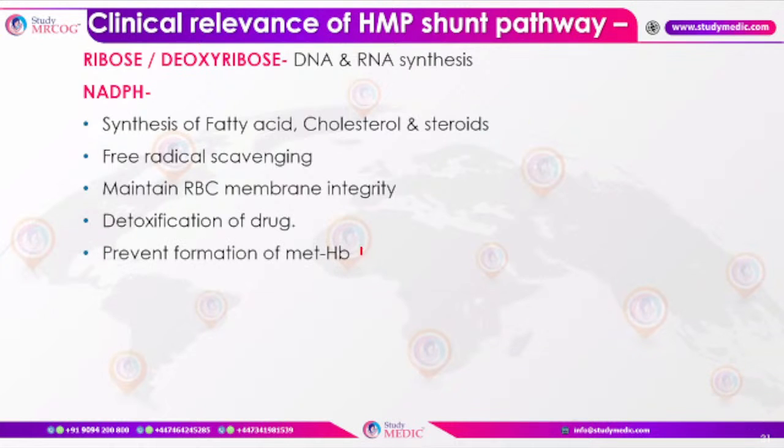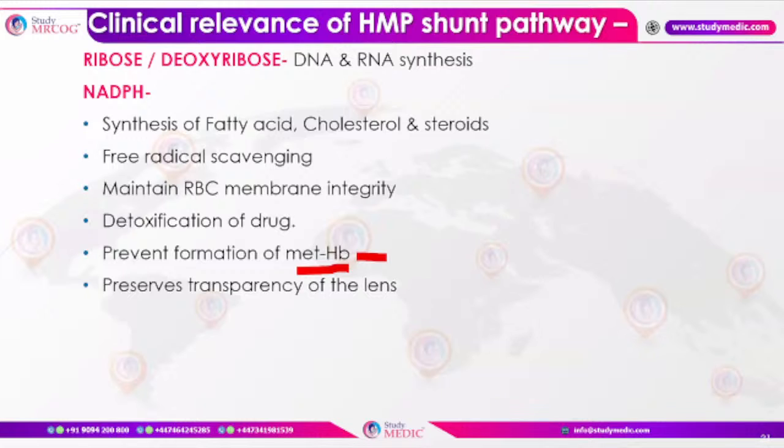And whenever hemoglobin is exposed to vehicular exhaust, the ferrous form can convert to the ferric form. It becomes methemoglobin, and its oxygen carrying capacity is lost; it will not help in oxygenation. We want to revert it back. So NADPH will help in reverting methemoglobin back to hemoglobin.